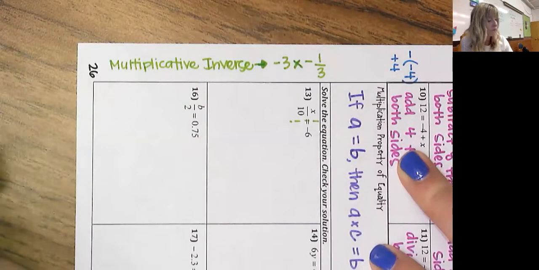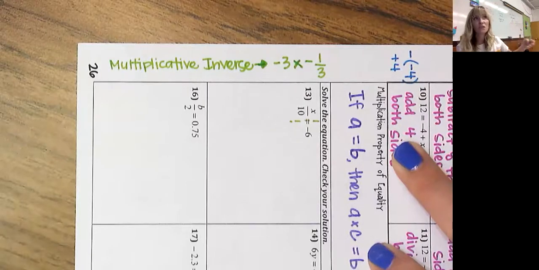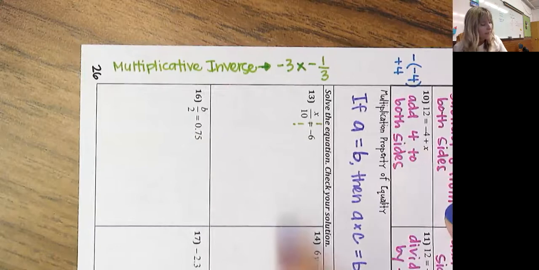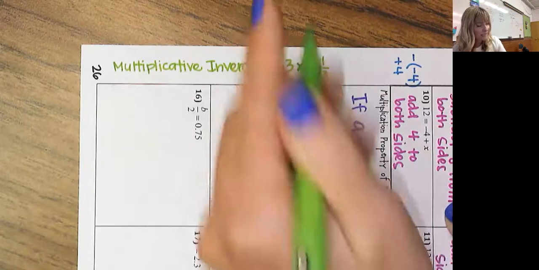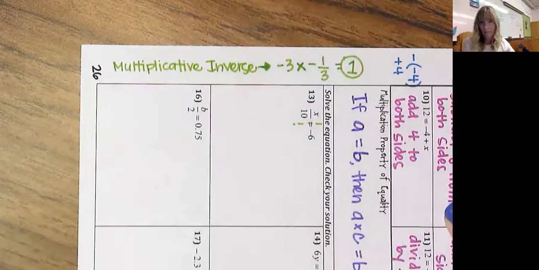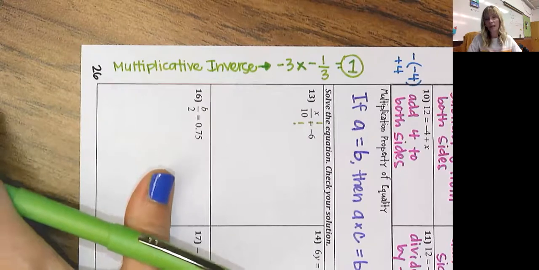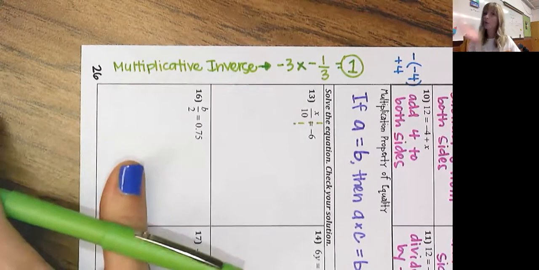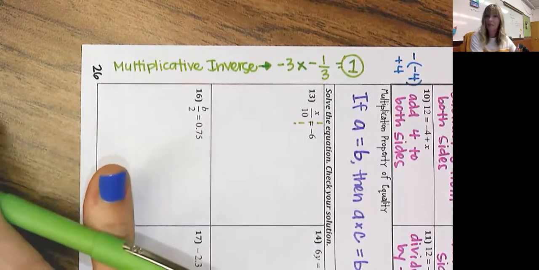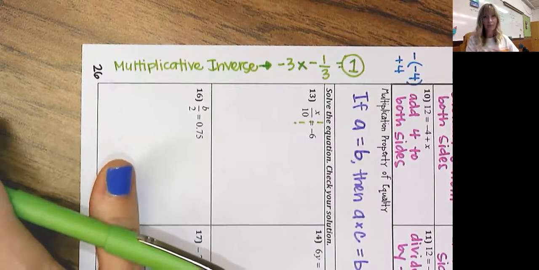This is not the first time you've heard me say it. It's one of my favorite words. We talked about it with division because all of division turns into multiplying the multiplicative inverse, right? But what makes something a multiplicative inverse is that if you multiply it, you get the answer 1, not 0. You're not trying to turn things into 0 today. That's an additive inverse thing. That worked really well yesterday when we were adding and subtracting. Today, we're not worried about the additive inverse. We are worried about the multiplicative inverse.